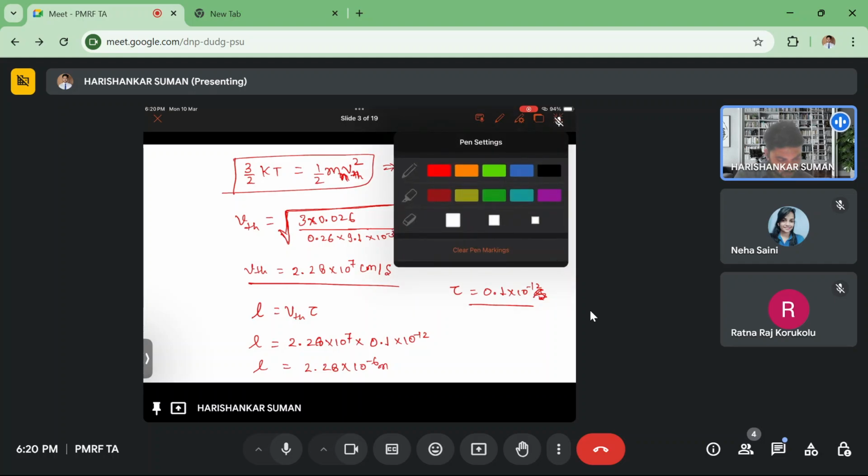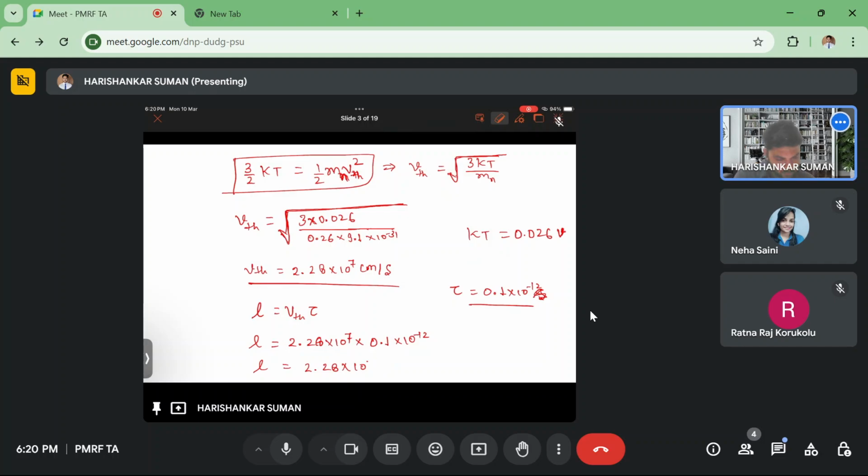Centimeter is already there. So this is the answer.